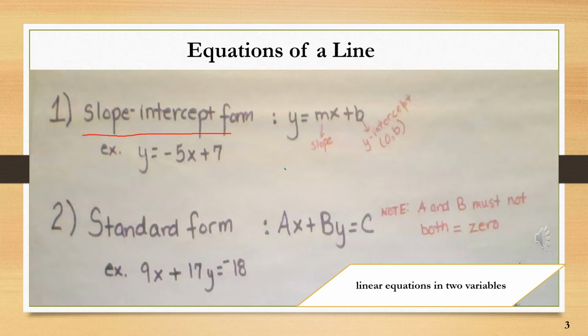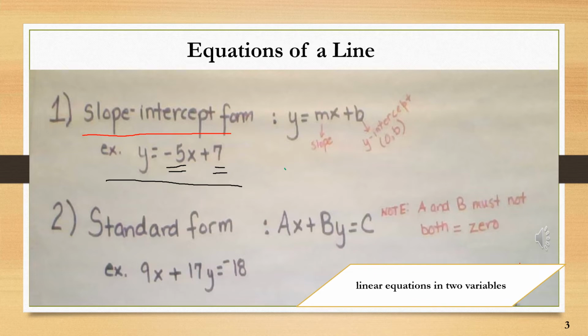It's the slope-intercept form because you can just look at it and see that the coefficient before x is the slope, using the variable m, and then the y-intercept is b. So in this example, y equals negative 5x plus 7, you can clearly see that the slope is negative 5 and the y-intercept is 7. So this equation of a line is in the slope-intercept form.